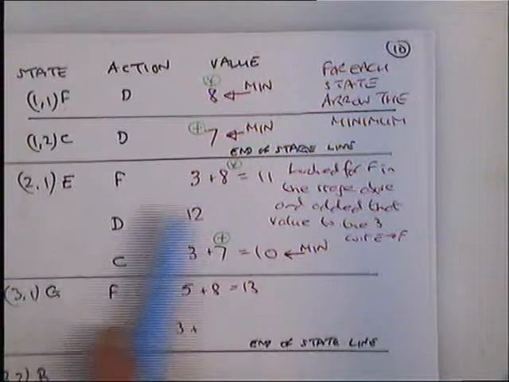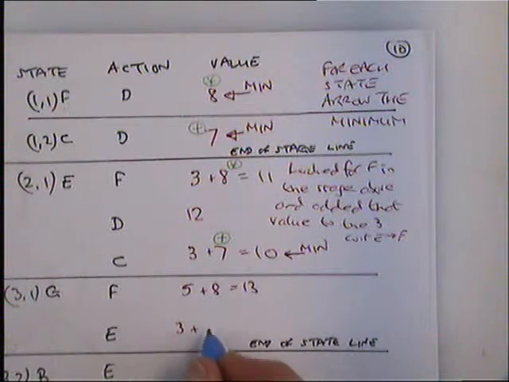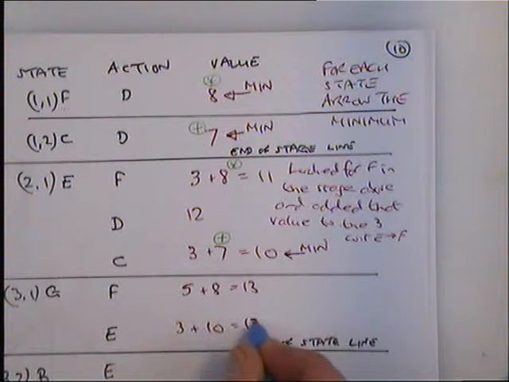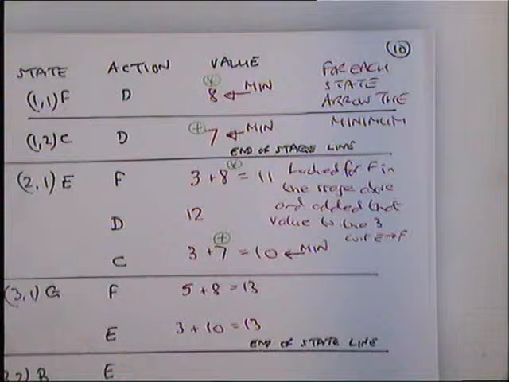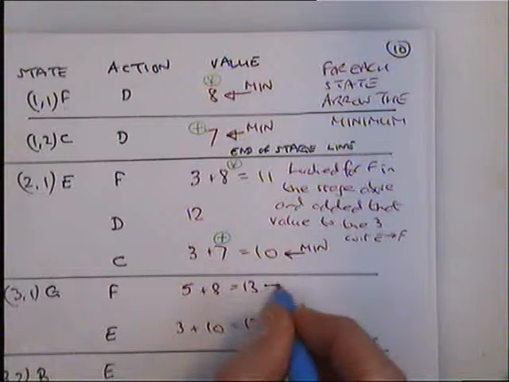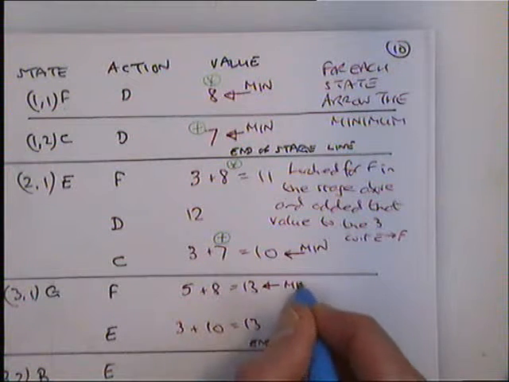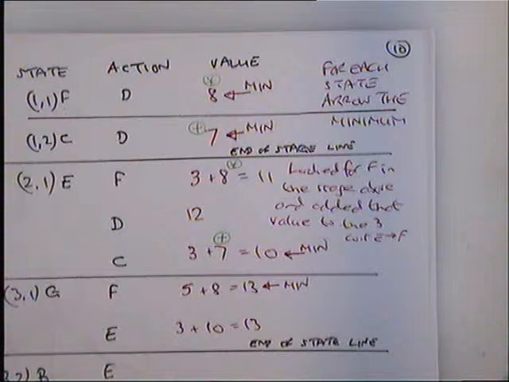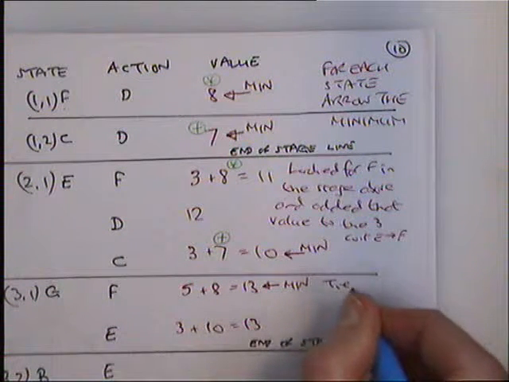So in that state, you find the arrowed one, which is 10. So we add that to a 3 and we get a 13. We've now finished a state. So we choose the minimum of these two. And if there's a tie, it doesn't matter which. So we usually just go for the top one. So we'll label that top 13 there as a minimum. And can we make a note there, it's the first time, for a tie, you can choose either.